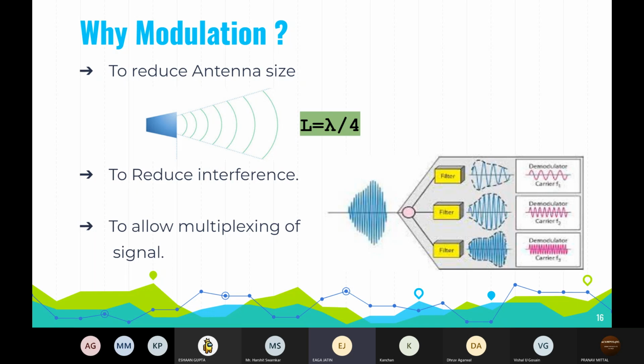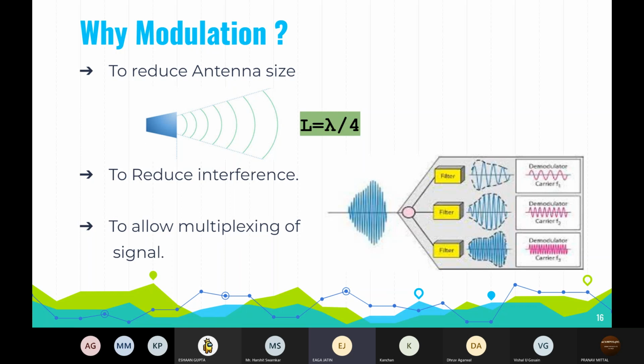At the receiver end, we won't get any transmitted signal. But if each signal is modulated at a different carrier frequency and all the carrier frequencies are relatively far away from each other, then there won't be any interference and all the signals can be demodulated at the receiver end.